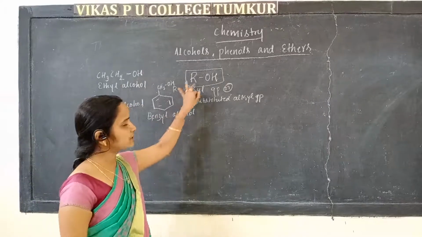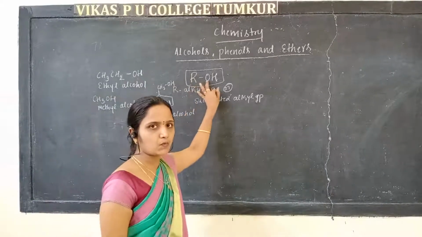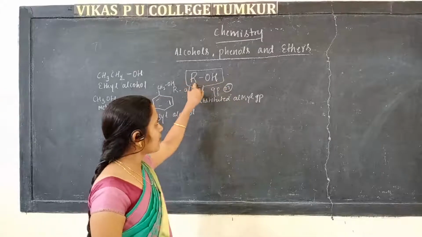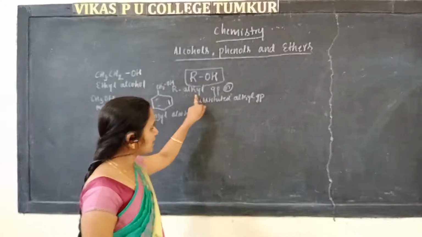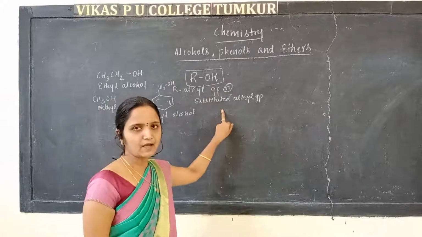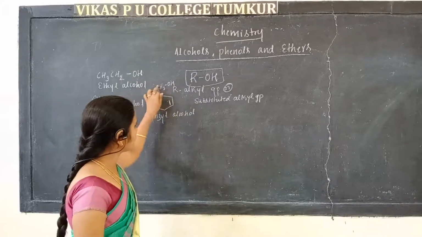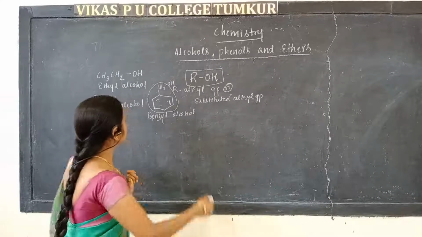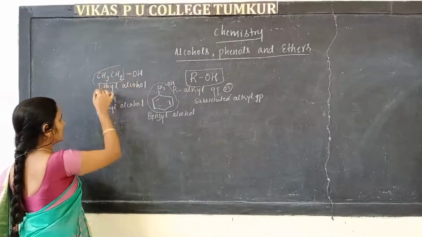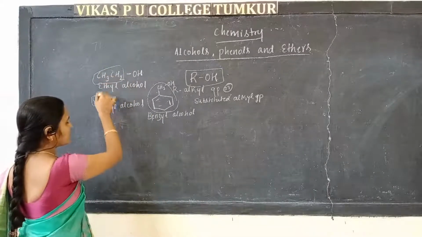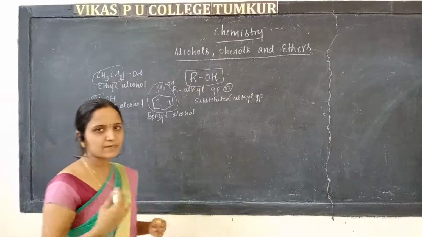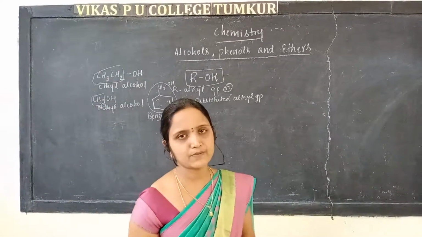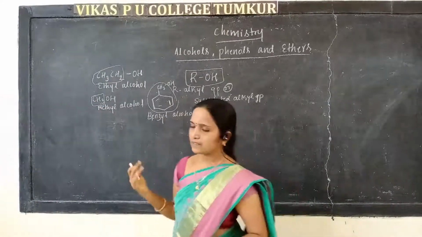The general representation of alcohols is ROH. R is nothing but an alkyl group or substituted alkyl group. One hydrogen atom is replaced by one hydroxyl group. That we call alcohols.